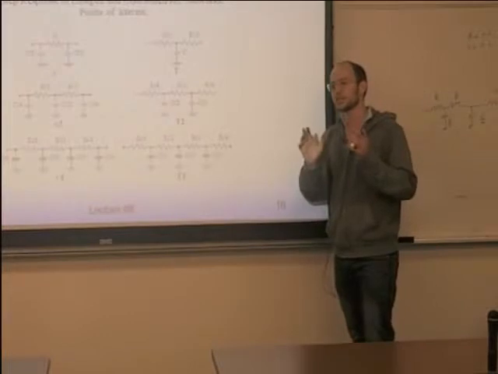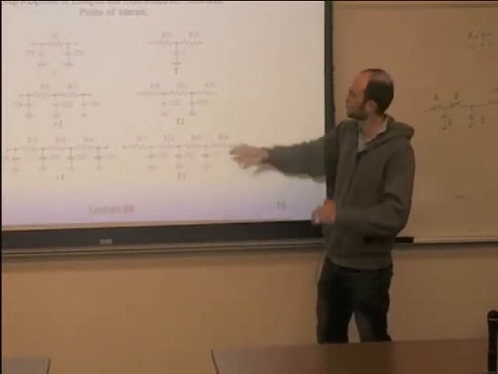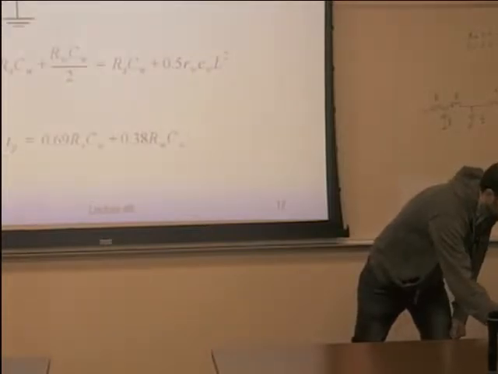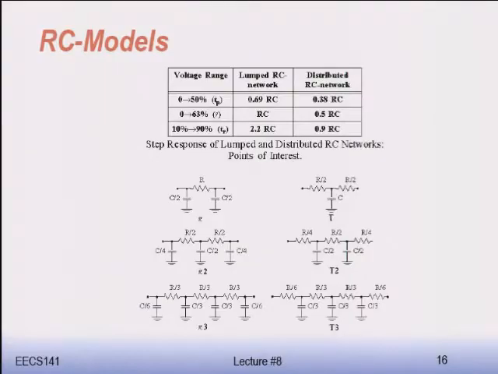And what changes as you go to higher order, I think it's in a later slide, is that this network behaves as a first order RC, and this network becomes, in this case, a third order RC. There are 2 parameters that you care about.